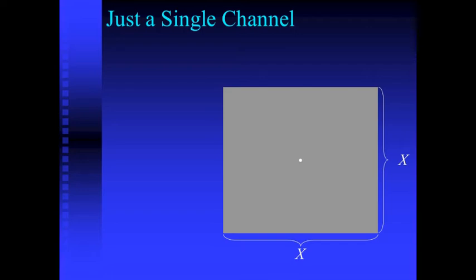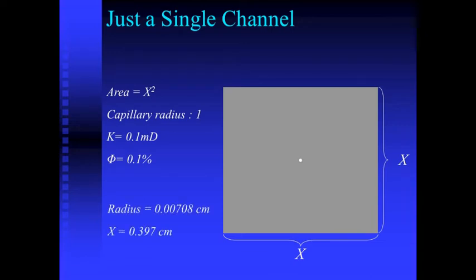This is the face defined by the plane in the previous slide. We arbitrarily set the value 1 for the radius of the capillary, and we can choose the parameters so that the permeability corresponds to 0.1 millidarcy and the porosity has the value of 0.1%. These values are obtained when the prism side and the radius of the capillary are those indicated on the slide.